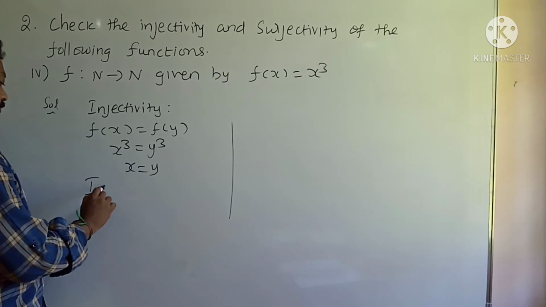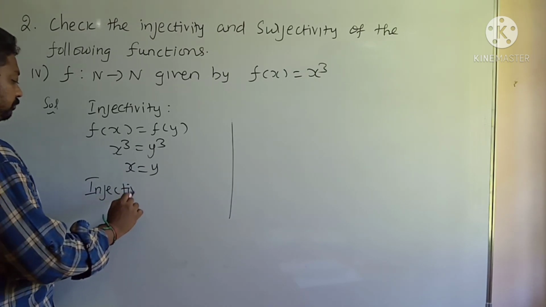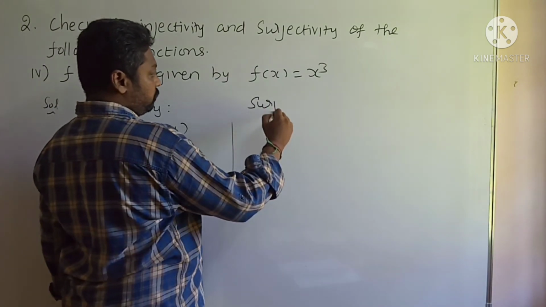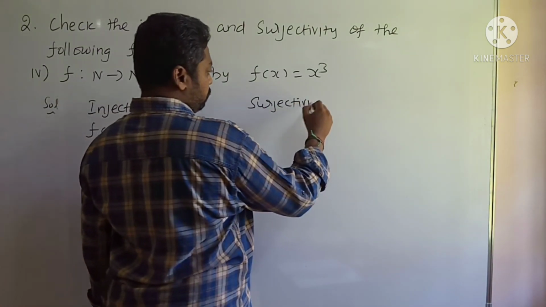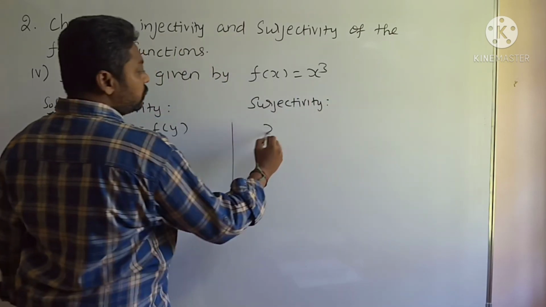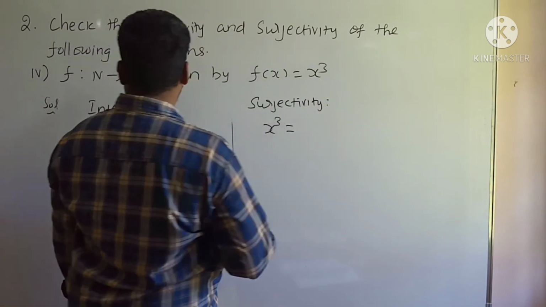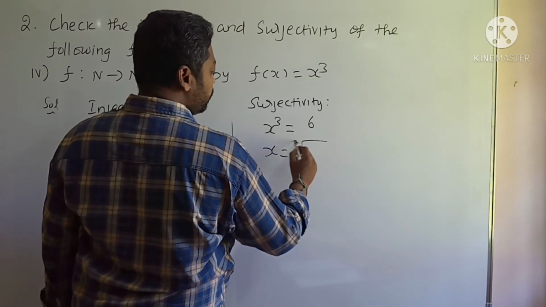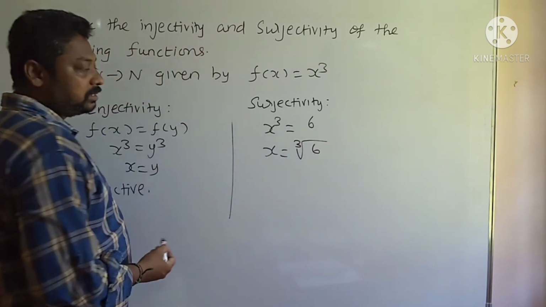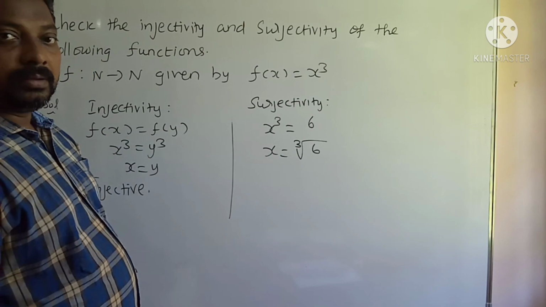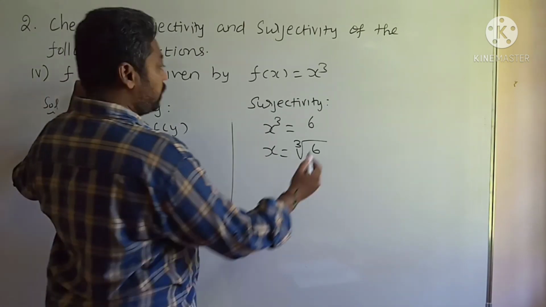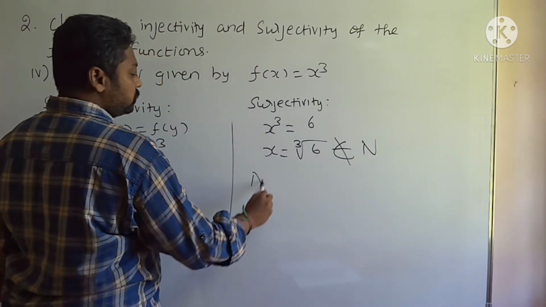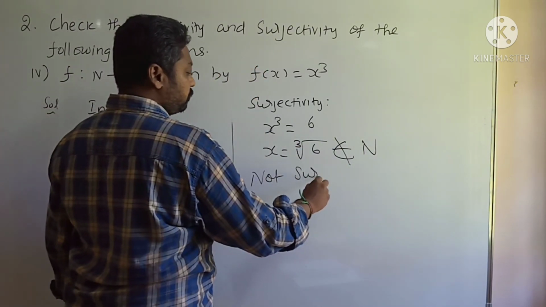So this is injective. Checking for surjective, we take some natural number, 6. Then x becomes cube root of 6. Of course, this is an irrational number, and it does not belong to the domain of natural numbers. So this is not surjective.